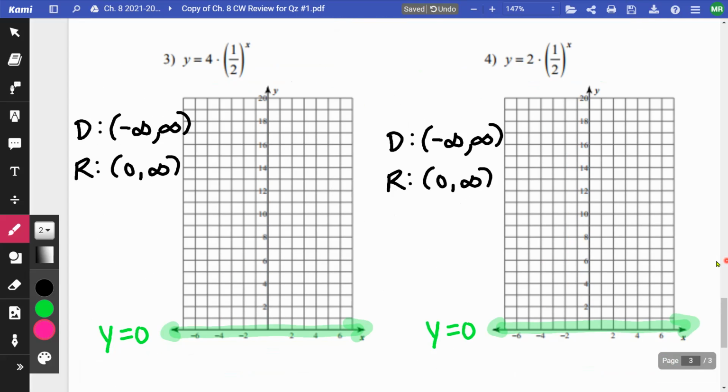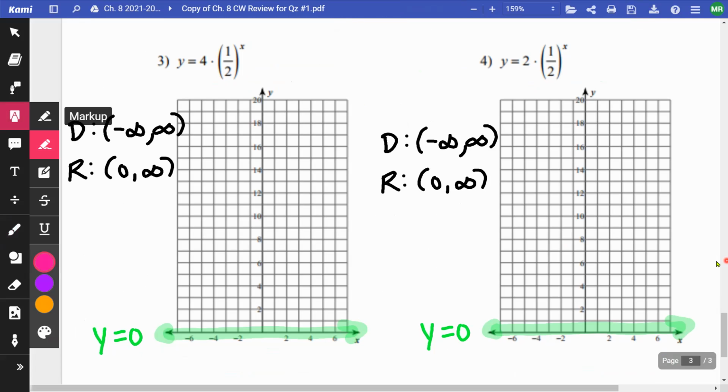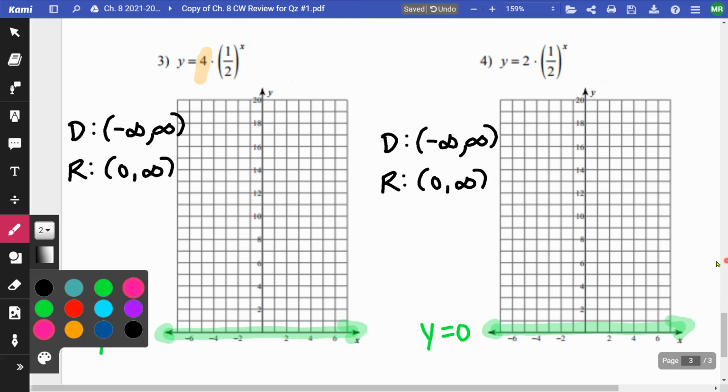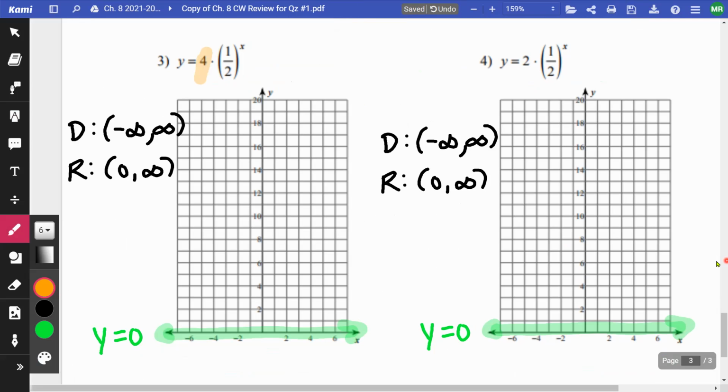On number 3, my A is 4. So I'm going to be starting up at 4. Now my B is 1/2, so I'm going to be timesing by a half. So if this is 4, half of 4 is 2, half of 2 is 1, half of 1 is a half, and so forth.